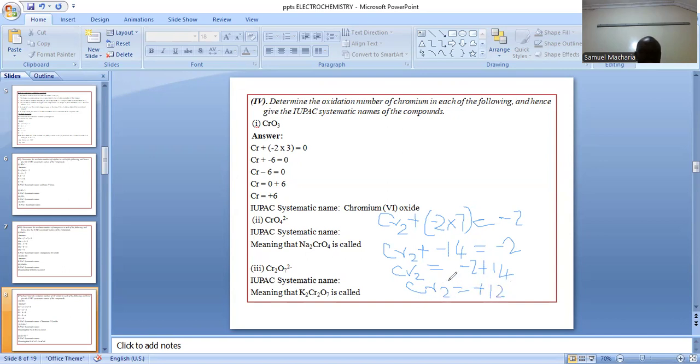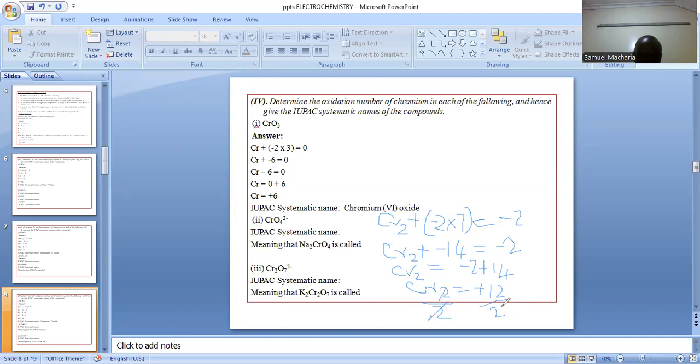And because these are 2, what about for 1? You divide by 2 so that you get the oxidation number of 1 chromium. So divide by 2 both sides. The 2 cancels.